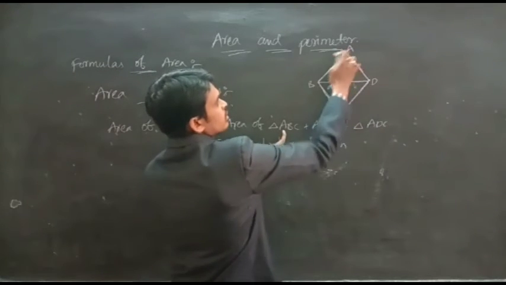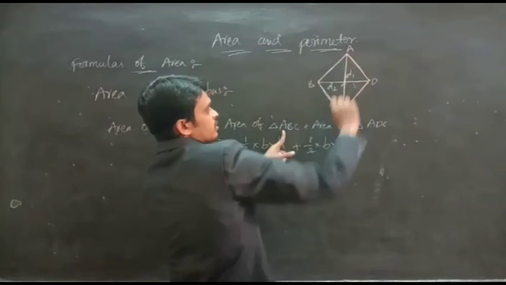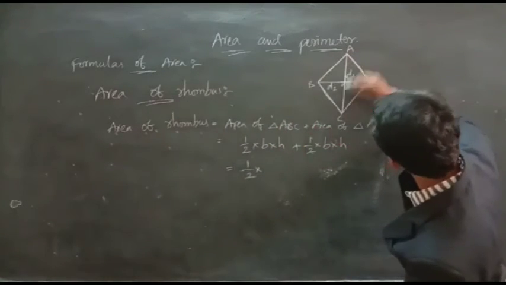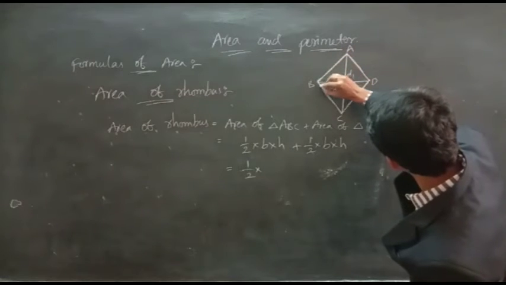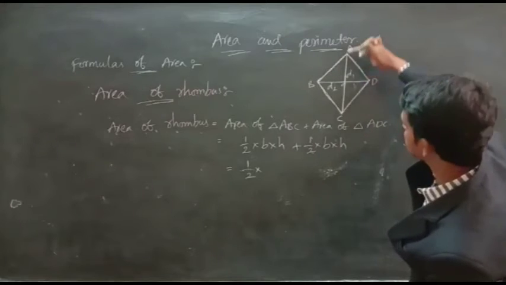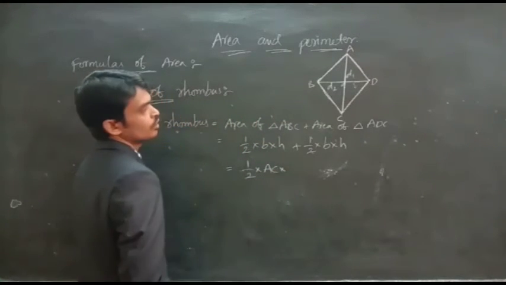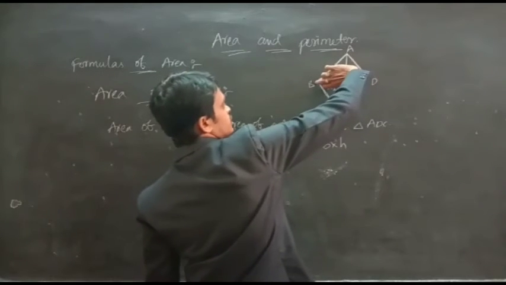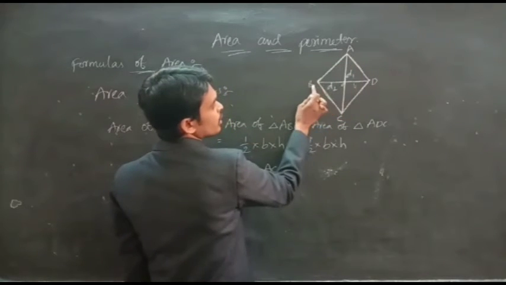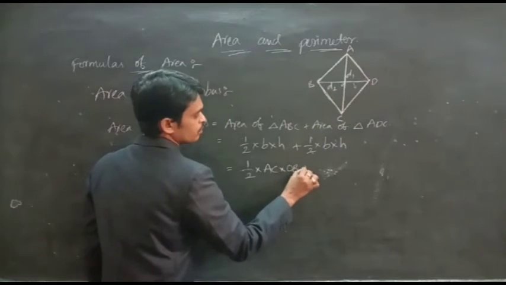ABC. What is the base here? Look at this triangle A, B, C. Yes, AC is the base. So AC into height. This is the height. What is the height? OB.